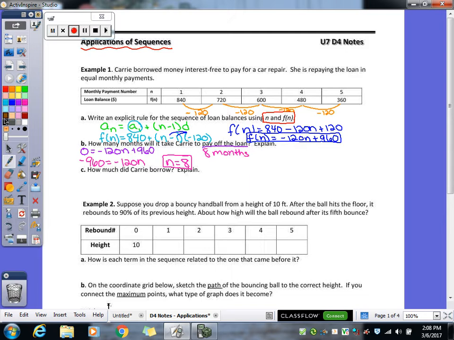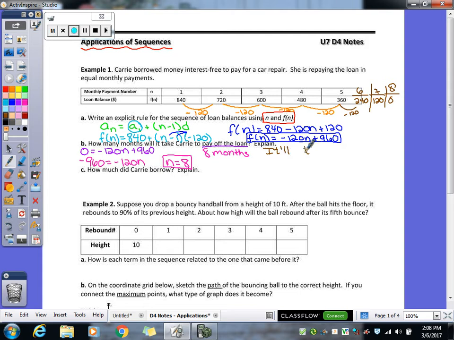Another way you could have done it is you could have just kept going, subtracting 120. So at 6 months, it would be 240. At 7 months, it'd be 120. So at 8 months, you'd get your 0. So you could get it that way also, just by following your pattern there. Then for explain, how many months will it take for her to pay off the loan?